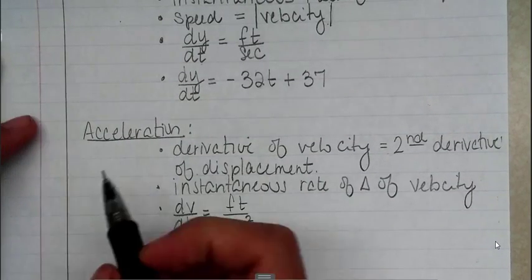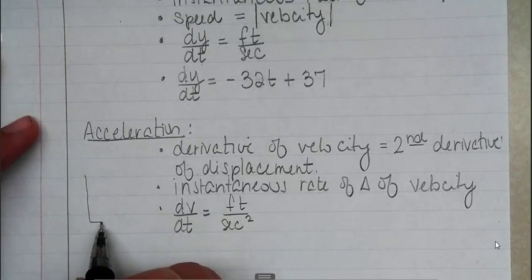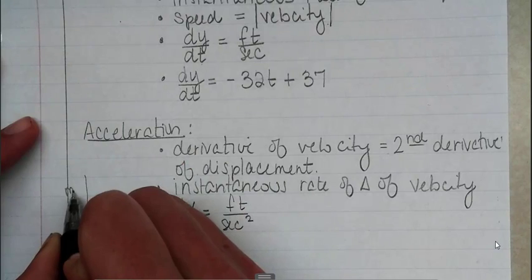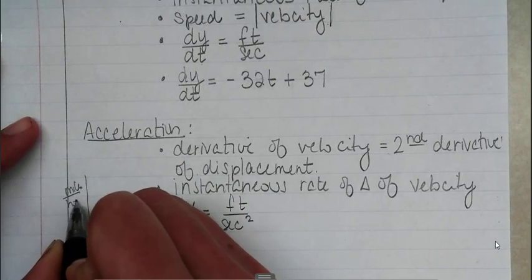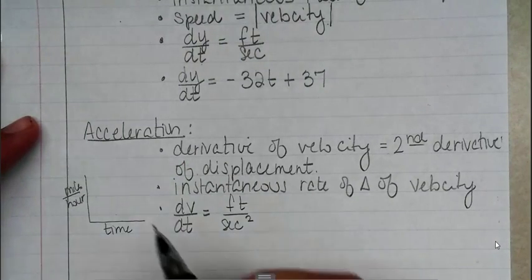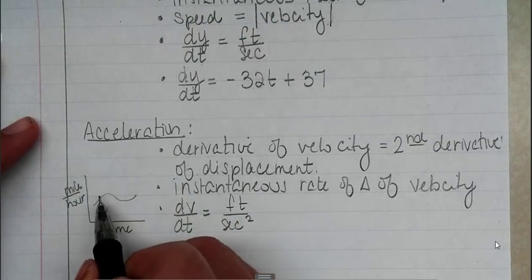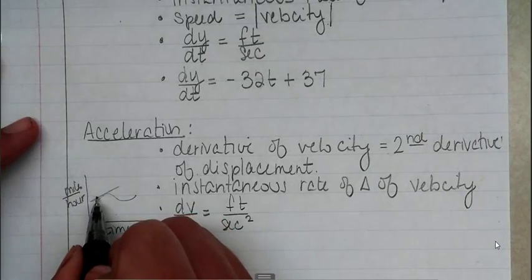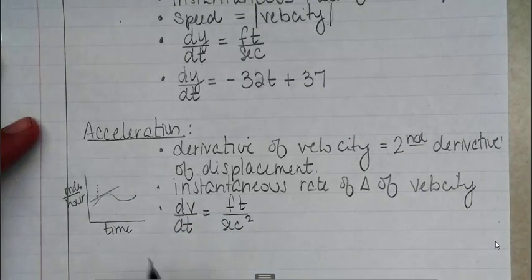Because if you think about time and miles per hour, and you think of some curve here, and I take the slope of a tangent line, well, my rise is miles per hour and my run is time.